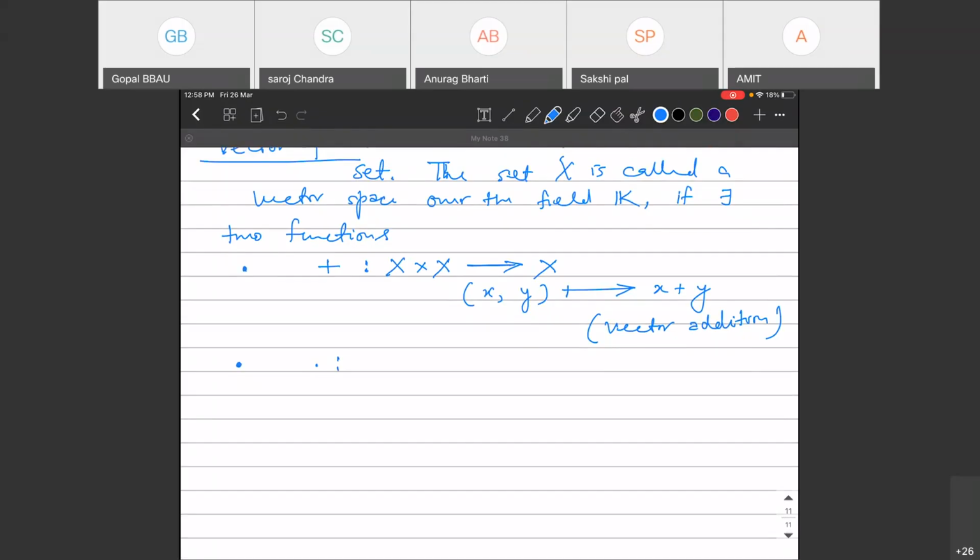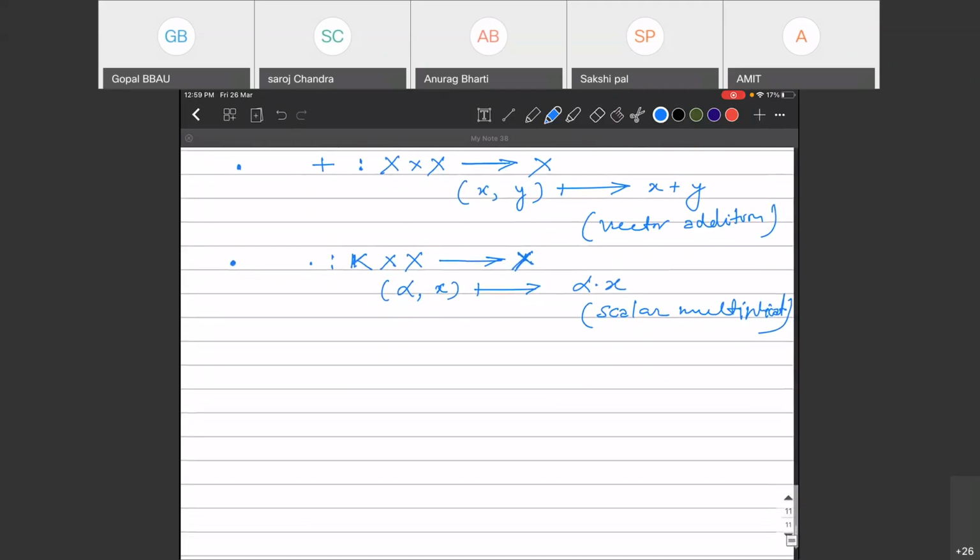We multiply a vector by a scalar alpha, where alpha comes from the field K and the vector comes from X. So scalar multiplication is a function defined on the Cartesian product K cross X, and it takes values in X. If you take alpha from K and x from X and multiply them, you will again land in X.